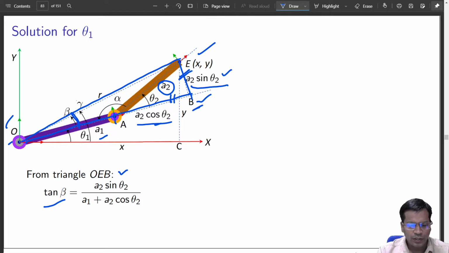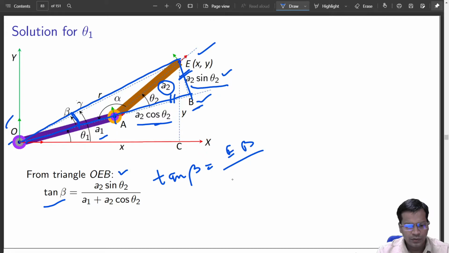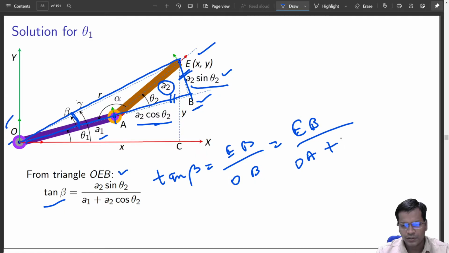So effectively tan beta is equal to EB by OB, which is equal to EB by OA plus AB. So how much is OA?